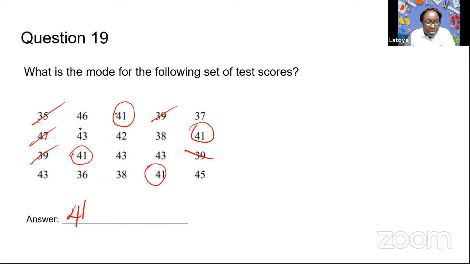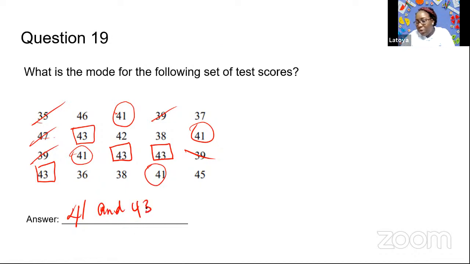Let me put it in squares this time. Look at 43. It's also repeating itself, 4 times. See? So the mode is going to be 41 and 43. So you all look out for that.